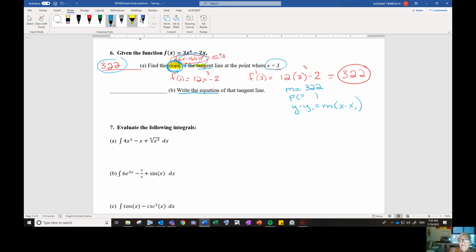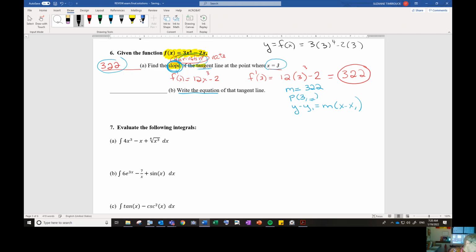So we have part of our point. We have the x value, which is 3. And now we have to find the y value. The only equation here, which means y, remember y and f of x are the exact same thing, is 3x to the 4th minus 2x, and we're evaluating that when x is 3.